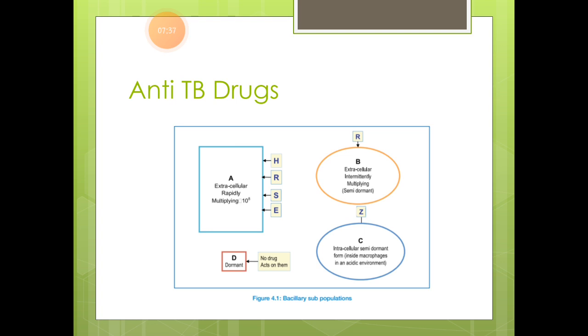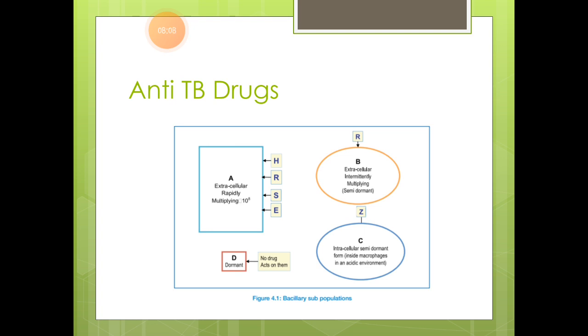And there are subbacillary populations among TB bacilli, and the activity of these drugs differs according to these subbacillary populations. So there are 4 types of subbacillary populations: A, B, C and D. A is extracellular rapidly multiplying bacilli, B is extracellular intermediately multiplying bacilli, C is intracellular semi-dormant bacilli, and D are dormant bacilli.